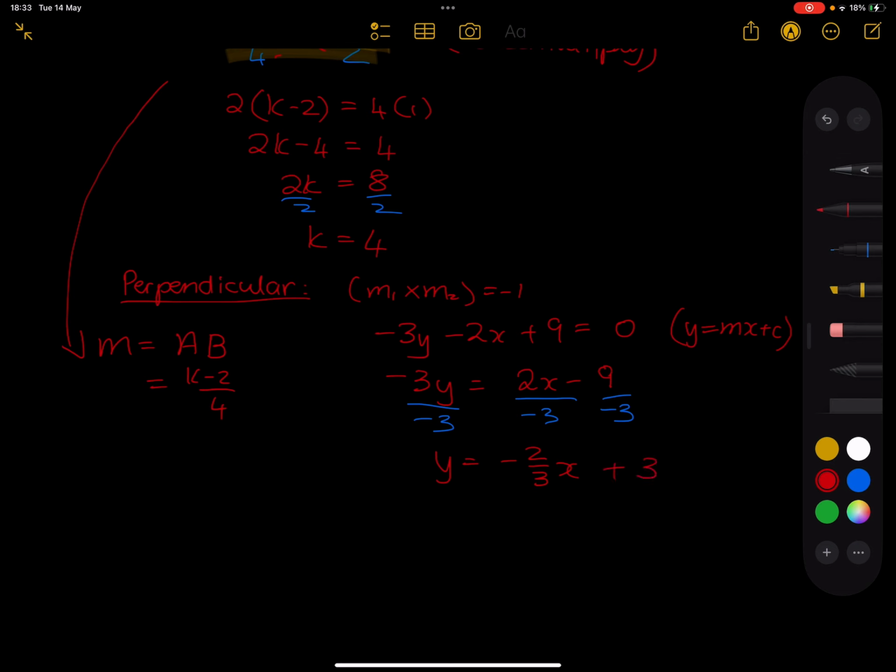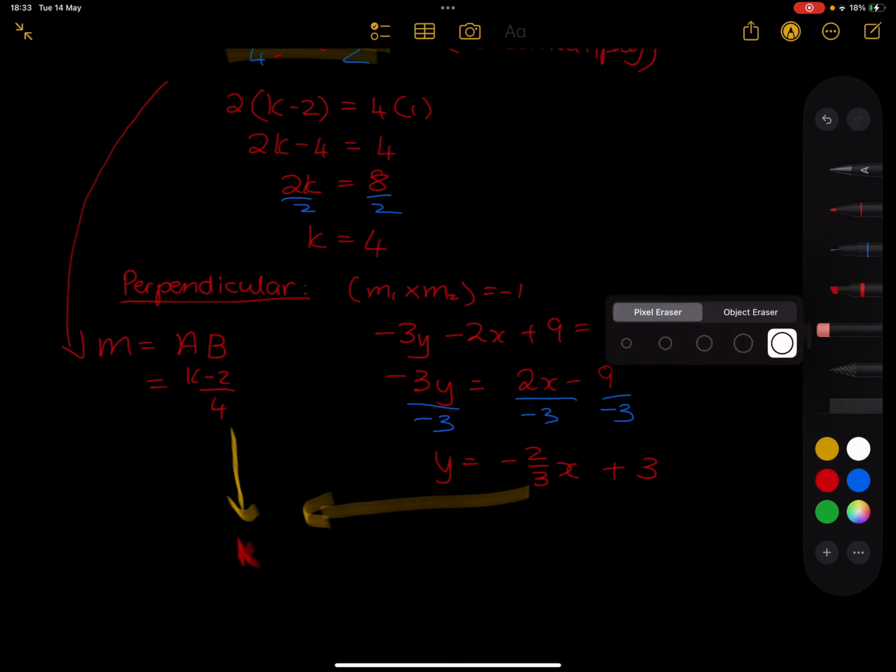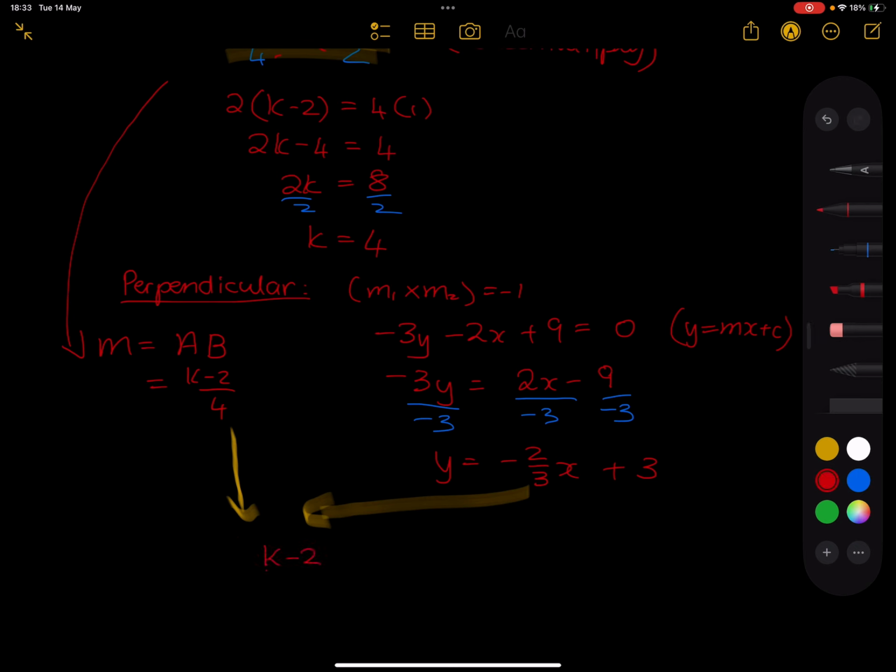So now I take this gradient and this gradient, and I multiply them. Yes, ma'am. So I have K minus 2/4 times minus 2/3 is equal to minus 1.